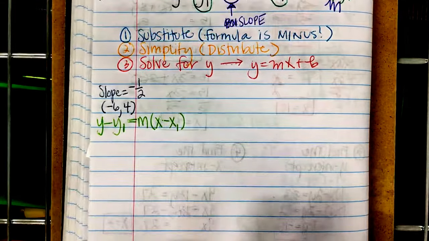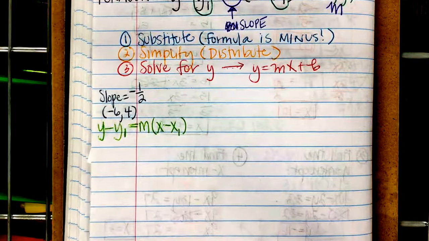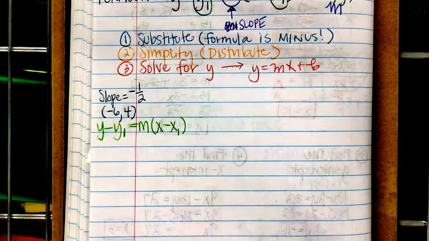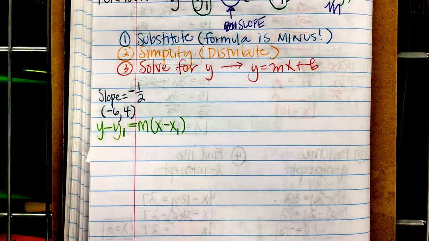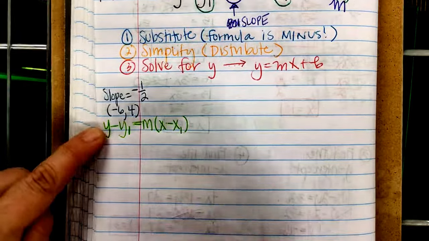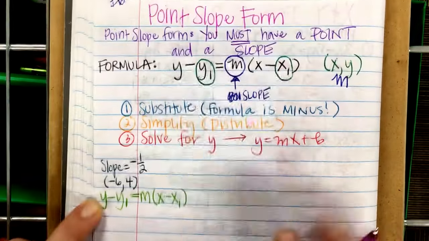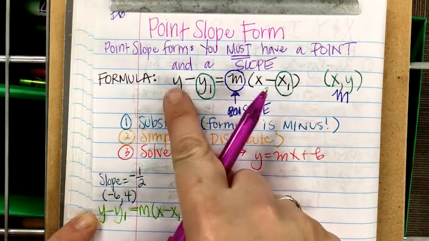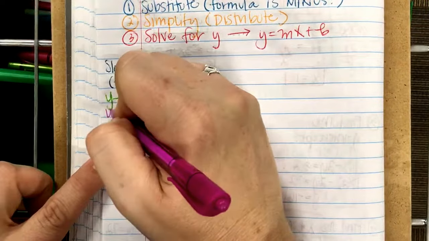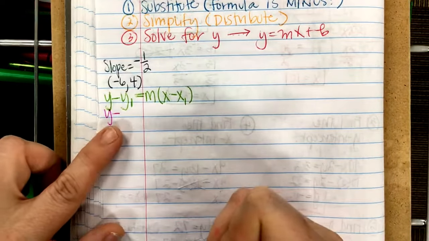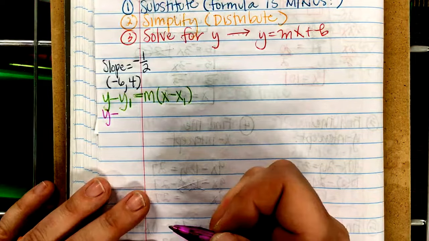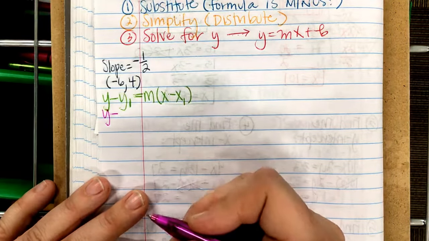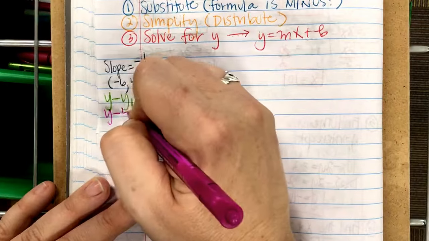So my first step is substitute. Does this first y change? You're looking up here. Does the first y change? No. Minus. And what's my y value in the ordered pair? 4.